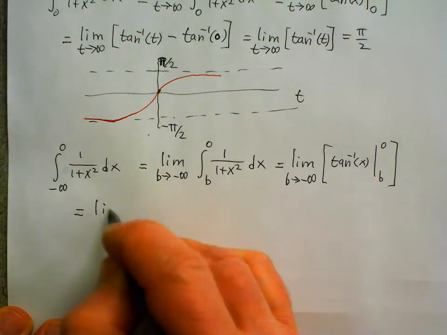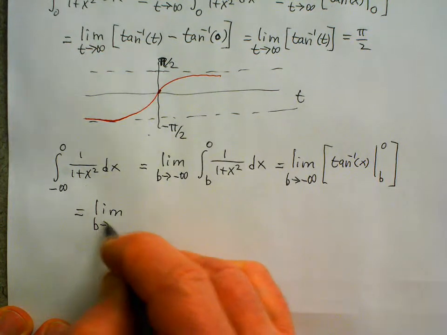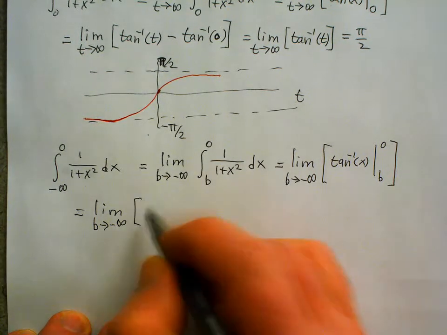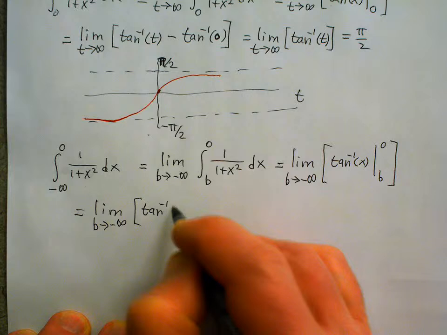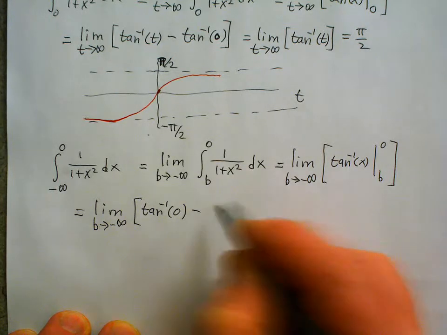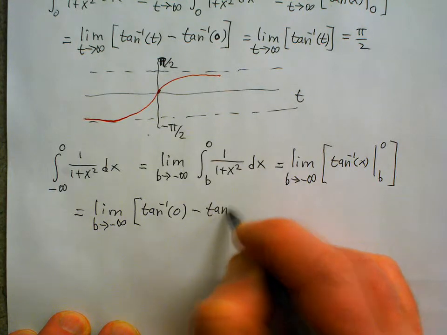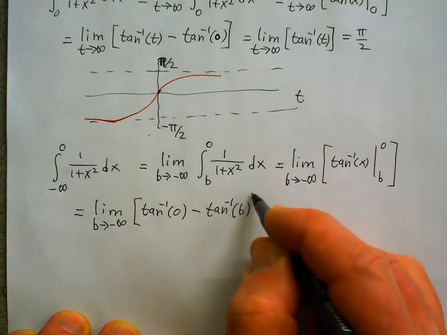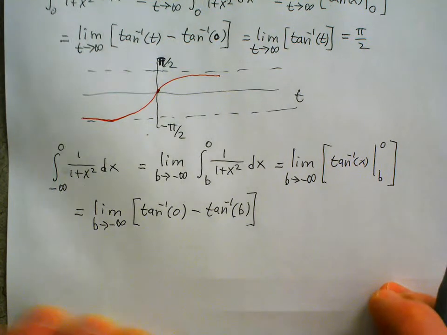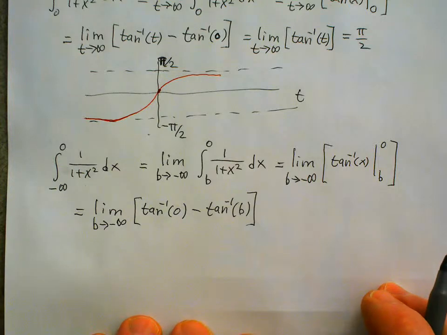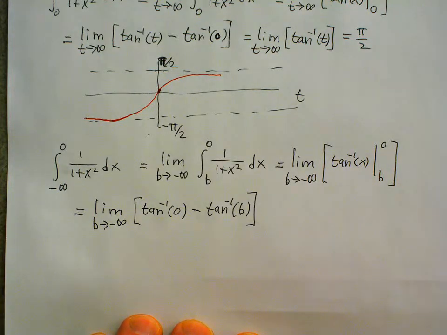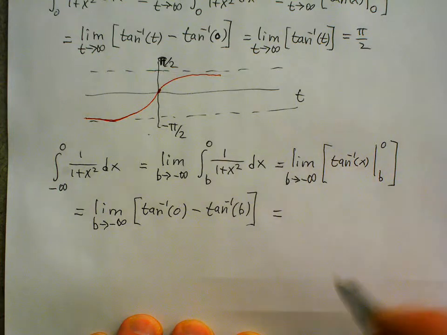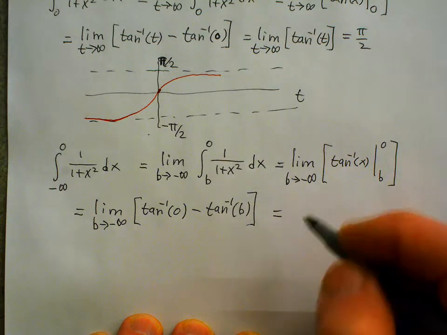So the limit as b approaches negative infinity of the inverse tangent of 0 minus inverse tangent of b. Okay, the inverse tangent of 0 is 0.